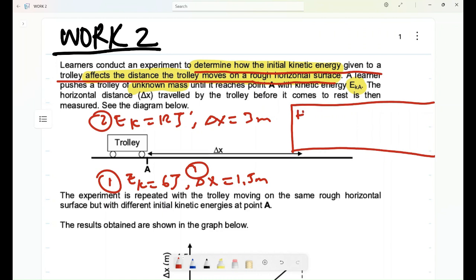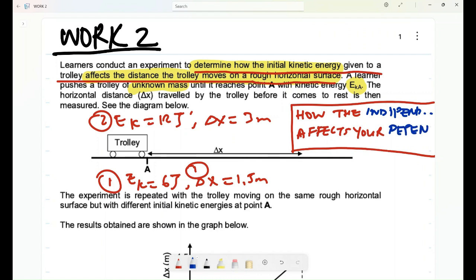Determine how the independent affects your dependent. Always like this. If you know how to find your aim, you will see your information. Now let me erase this so that we can identify. Here our aim starts here.